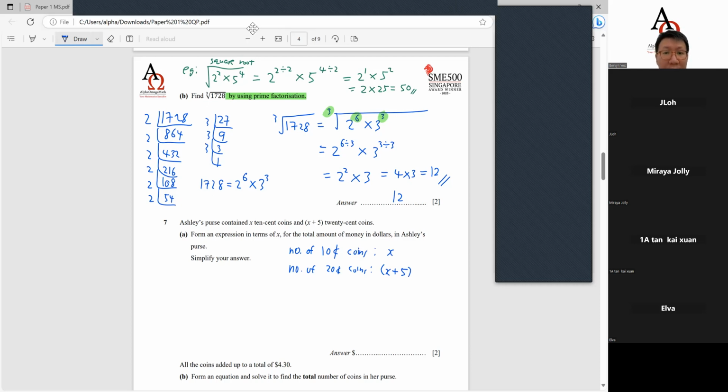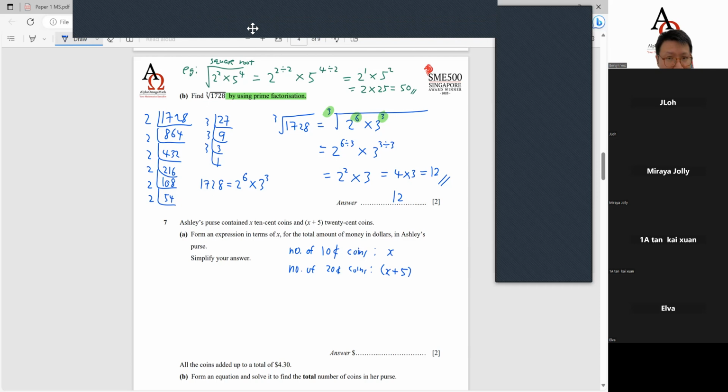They want the total amount of money, right? Okay, in what? Please read, don't just jump to the question. Total amount of money in dollars. Okay, dollars. Meaning the student does this, 10 cents times X, right?